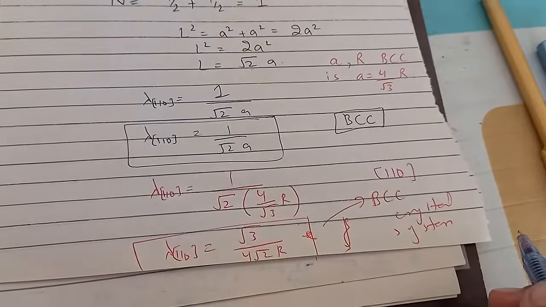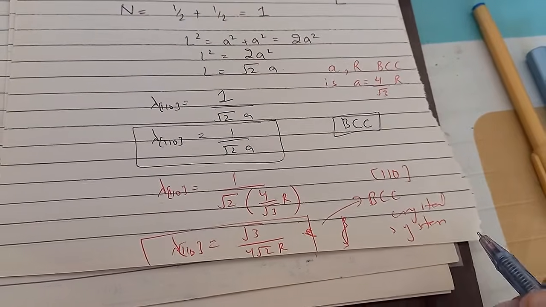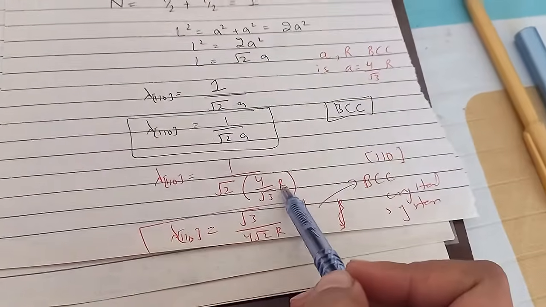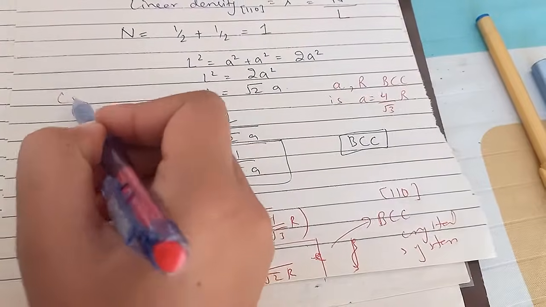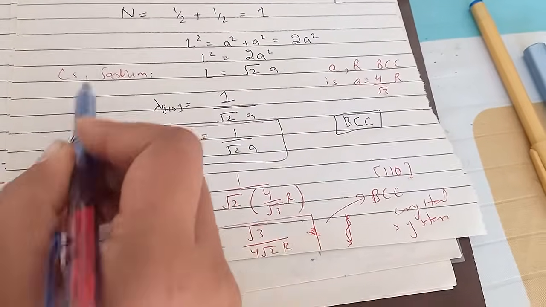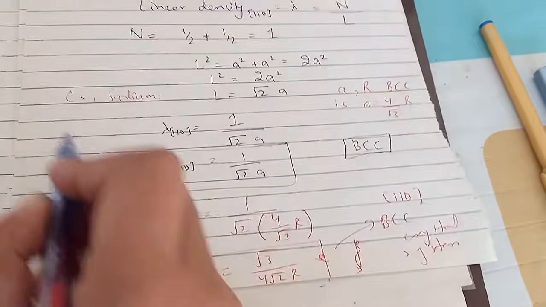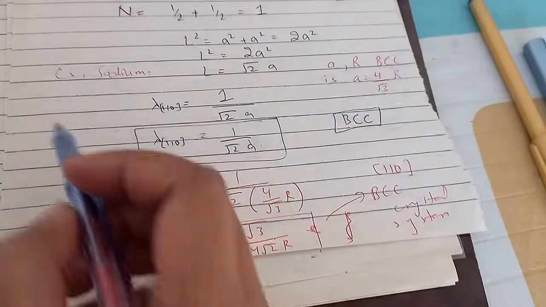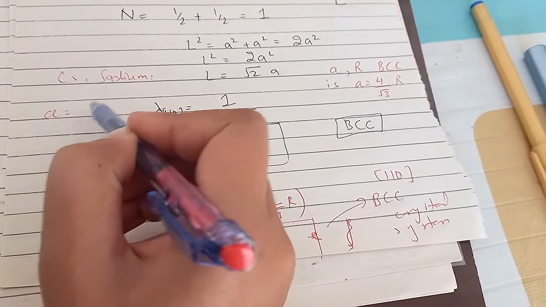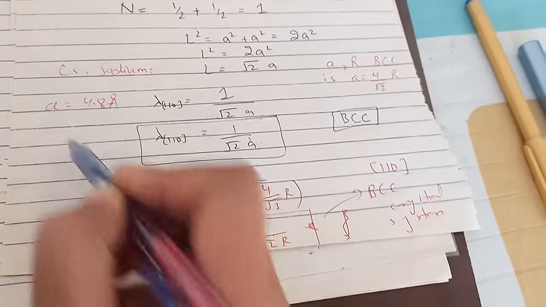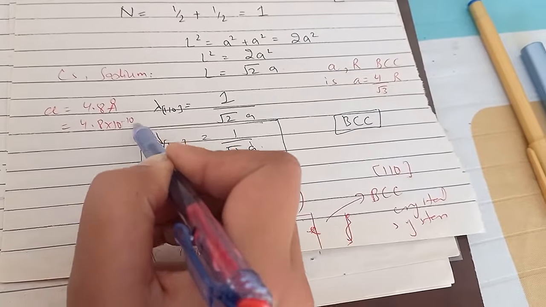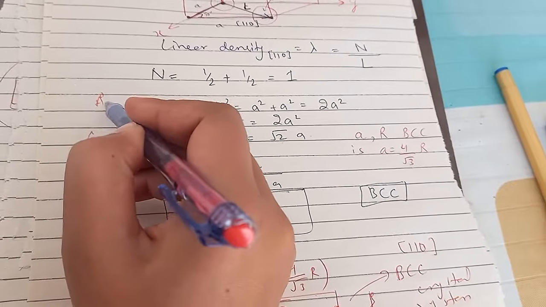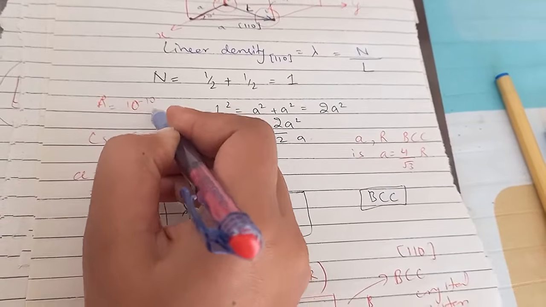Next we are going to find the linear density for the 111 direction. Sometimes you are given the value of the lattice parameter or the atomic radius for an atom, like cesium or sodium. So you just need to put the value of A or capital R, whichever is given, into these formulas. These are normally given in angstrom units, for example 4.8 angstrom. 1 angstrom is 10 to the power minus 10 meter.